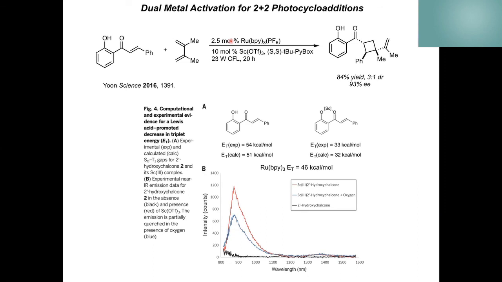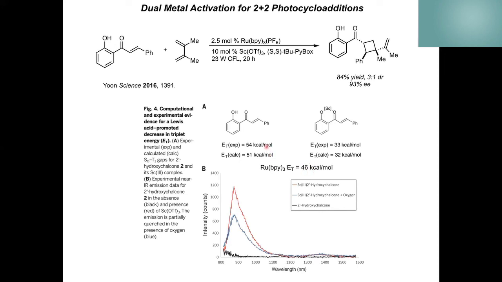I think many of you are probably pretty familiar with Ru(bpy) and the corresponding iridium types of compounds and their ability to serve as photoredox catalysts, but they're more and more being used as photosensitizers, and they may have been used as photosensitizers also in previous literature, but mechanistic studies may muddy exactly what its role is all of the time. But this is a really crucial part of the scandium activation here, because the triplet energy of Ru(bpy) is measured at 46 kilocalories per mole.